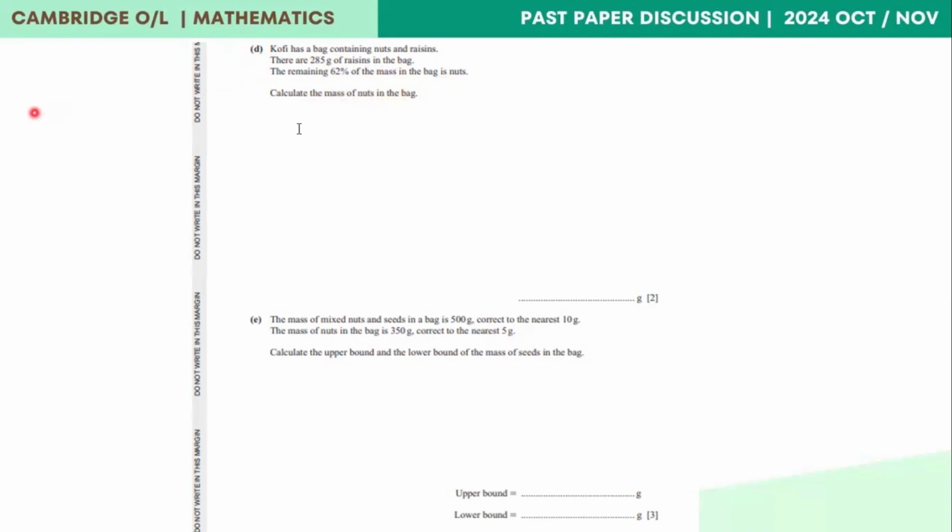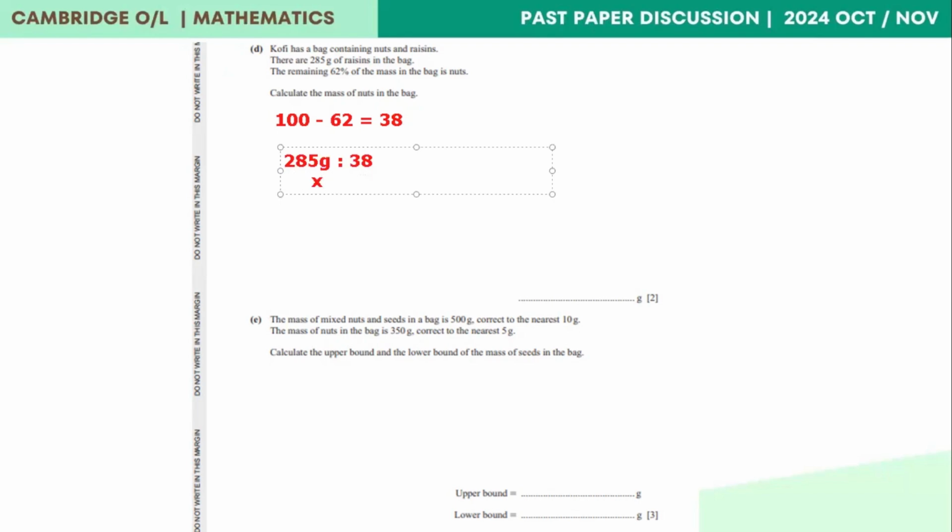They say that 62% of the mass of the bag is nuts. So we can find the percentage of raisins by subtracting from 100. That's going to be 38%. Now we are good to use ratios. So 285 grams, the raisins' mass, is 38%.